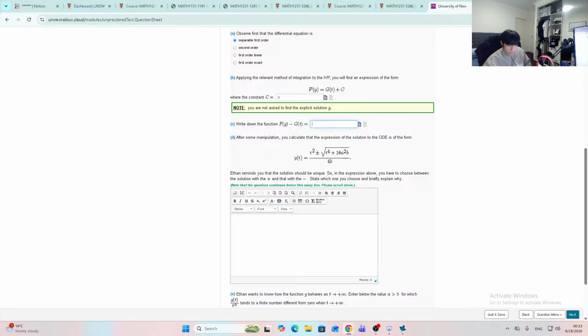What is f of... Oh my god. So they do want me to integrate like this. What substitution could I use? I could use 64 times y squared plus 1 on y squared. Right?